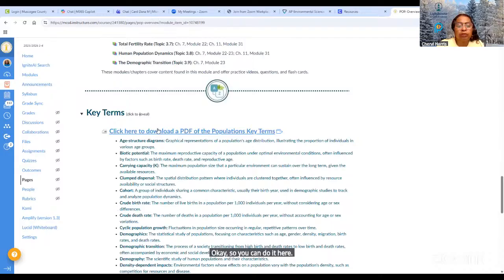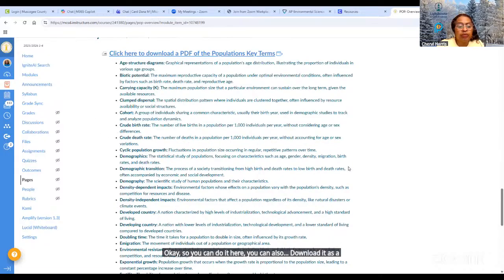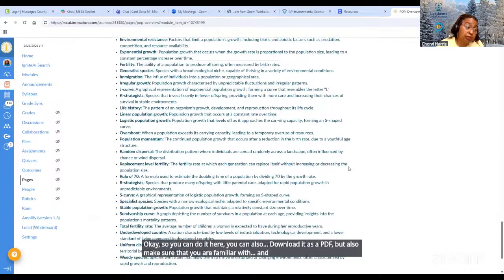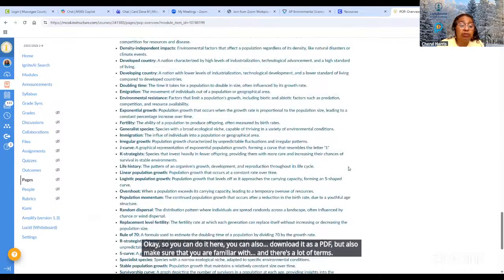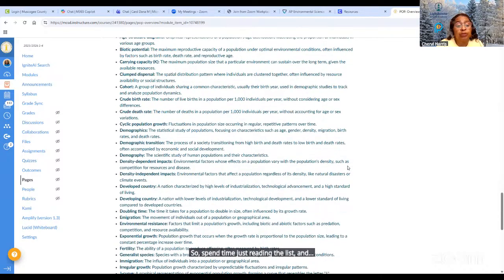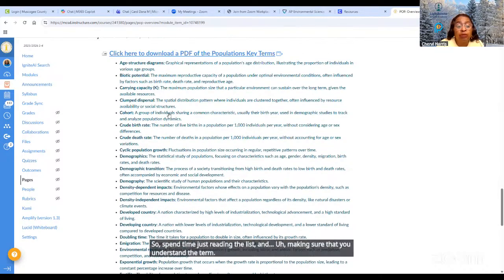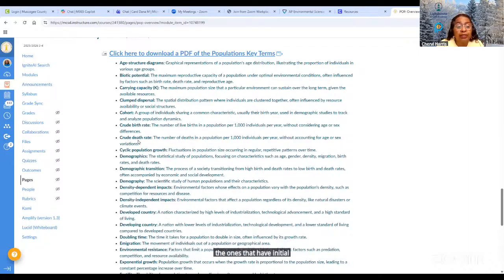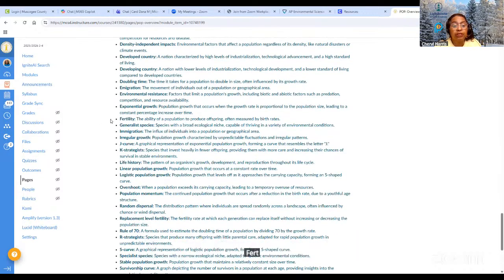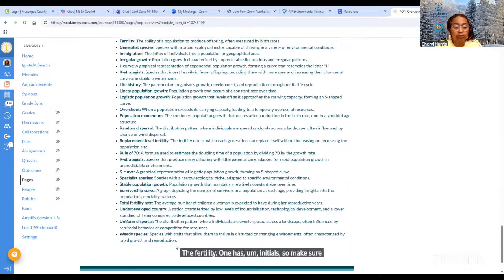You can also download it as a PDF, but also make sure that you are familiar with a lot of terms. So spend time just reading the list and making sure that you understand the terms. Make sure the ones that have initials, like the crude birth rate and crude death rate, and the fertility one, have initials. So make sure that you understand what the initials are.